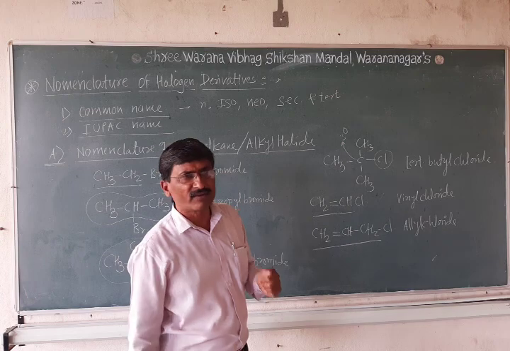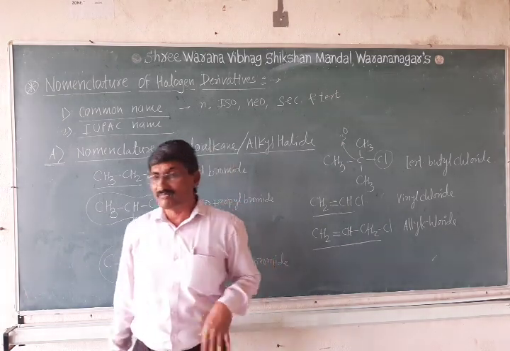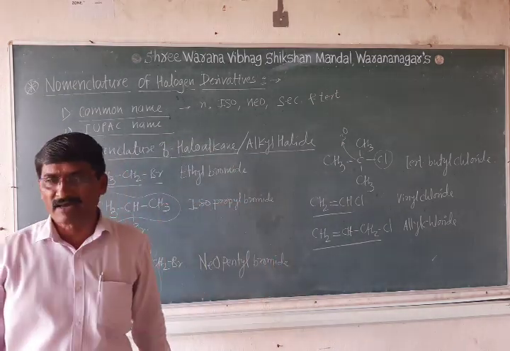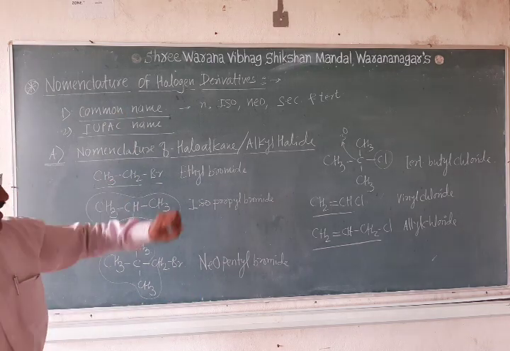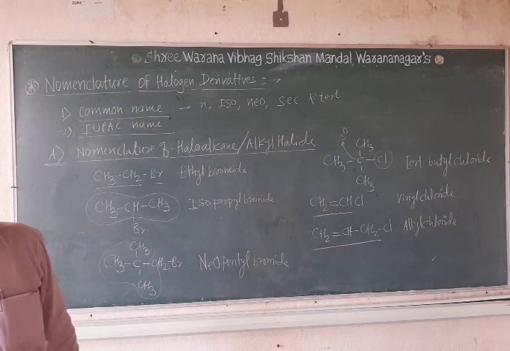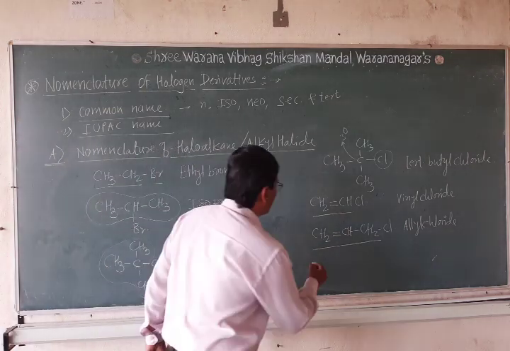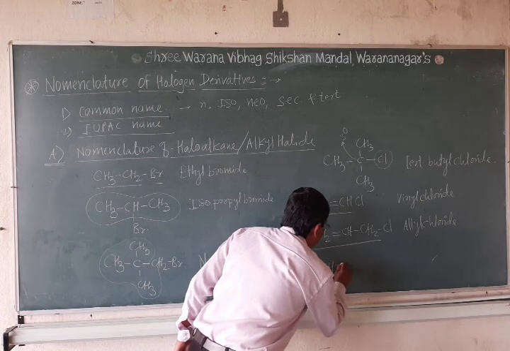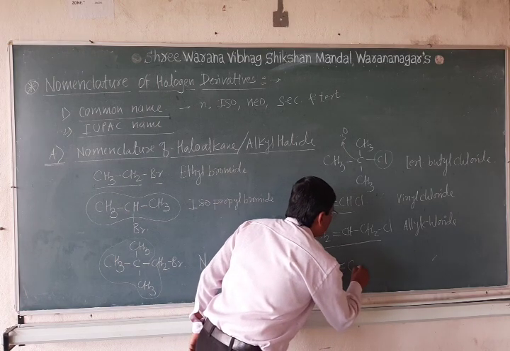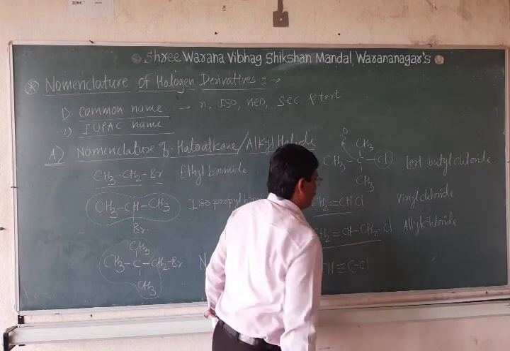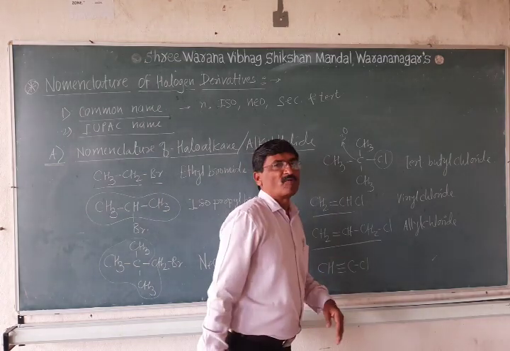Instead of that, if you take another example, that is the carbon triple bond, to which any halogen gets attached, the resultant compound is like that, CH≡CCl. For example, if you take the basic acetylene, CH≡CH, and the H gets replaced by Cl, that time the resultant compound is obtained.